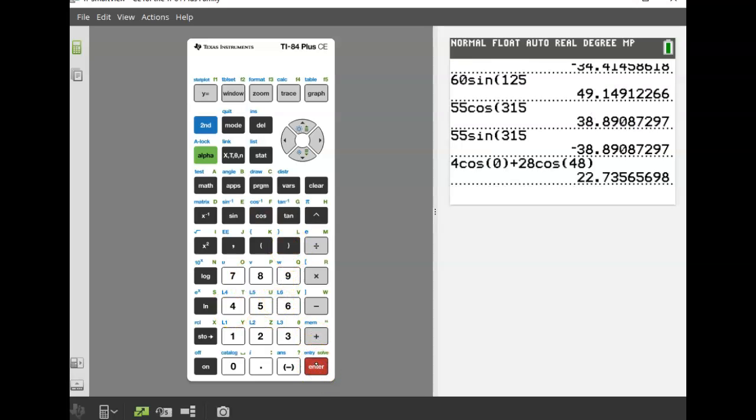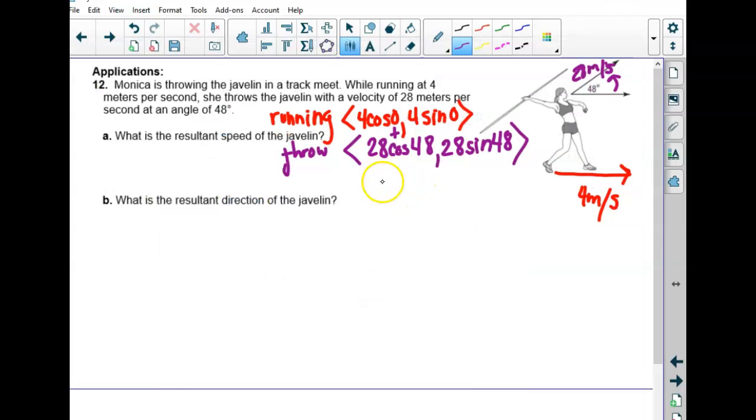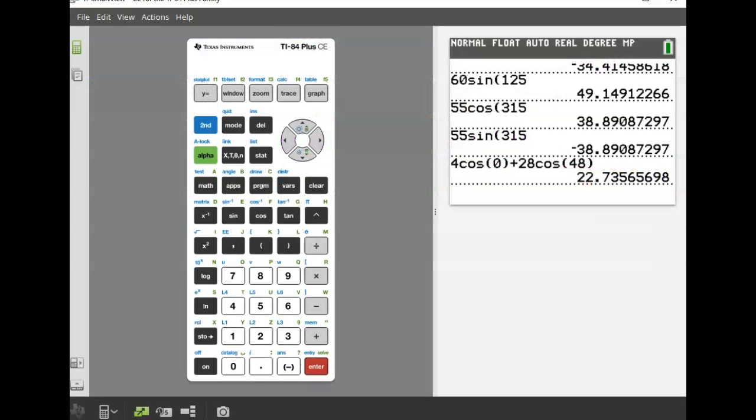Okay, so my added components result in a 22.74. I'm going to carry an extra place on this. You don't have to if you don't want to. I will accept a lot of leeway. Oh, 22.74. Okay, I'll fix it.